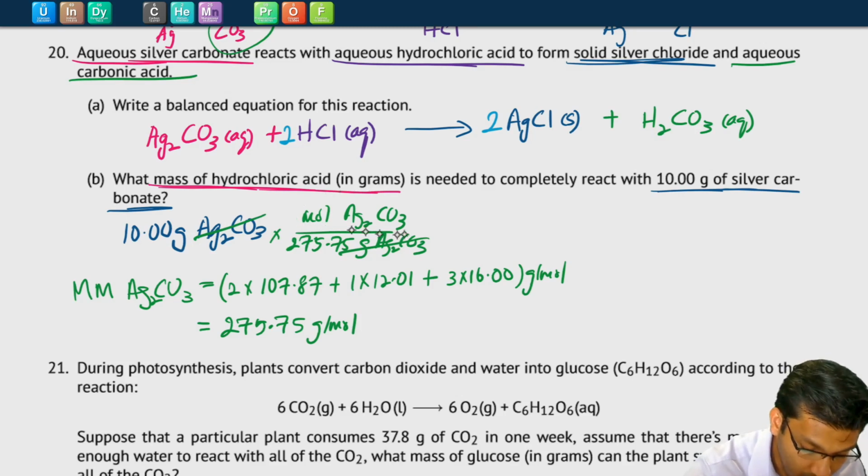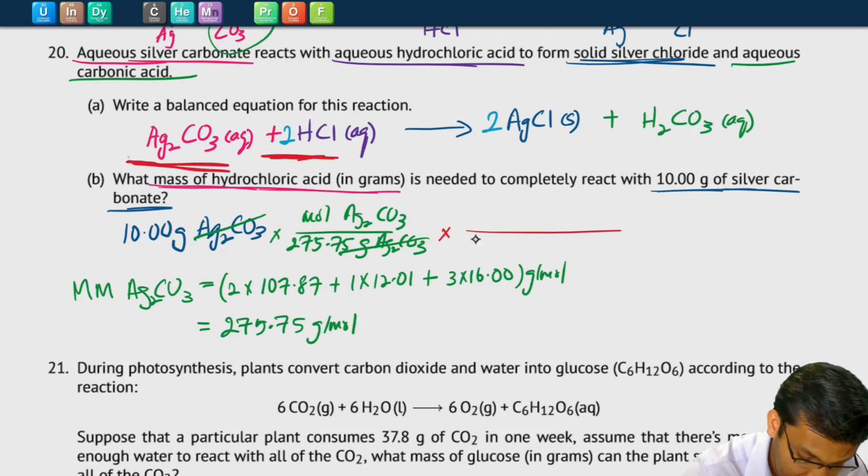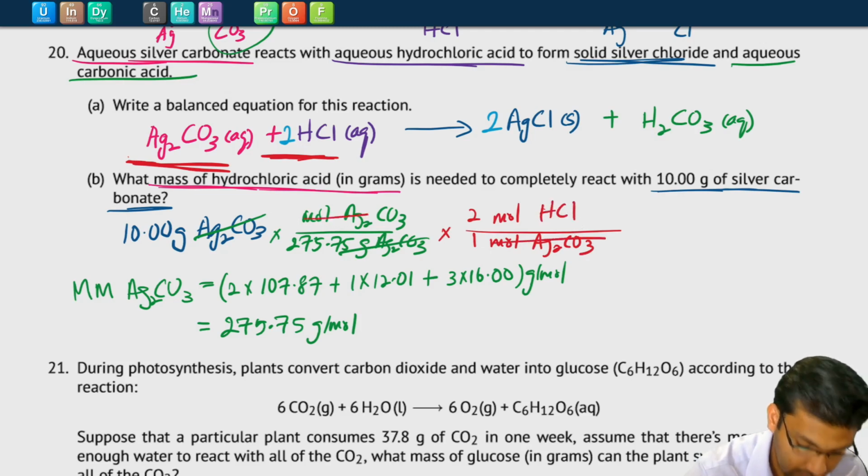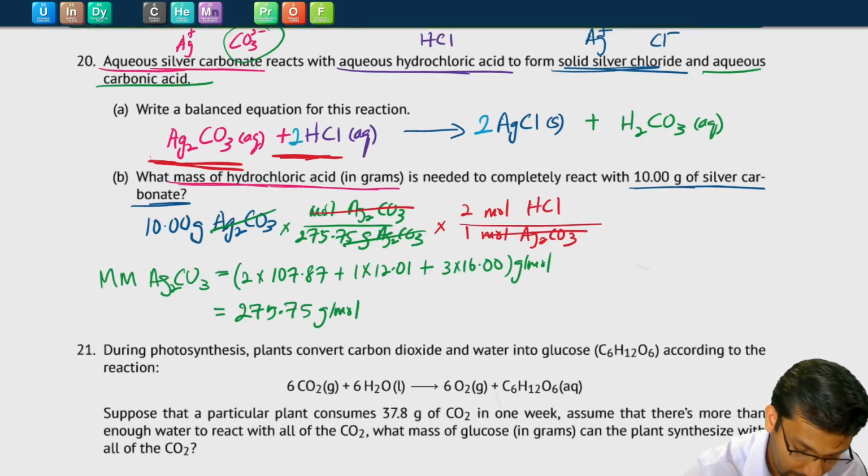Now that we have moles of silver carbonate, we can convert that to moles of hydrochloric acid using our mole ratio. In this balanced equation, for every 1 mole of silver carbonate, we have 2 moles of hydrochloric acid. So 1 mole silver carbonate reacts with 2 moles of hydrochloric acid, so that moles of silver carbonate can cancel out nicely.